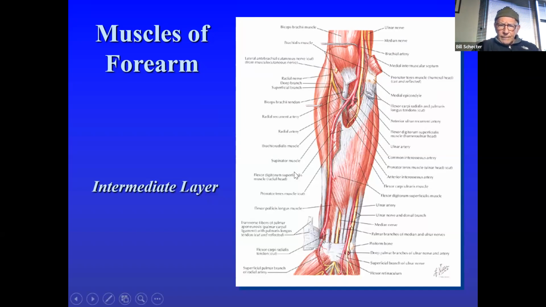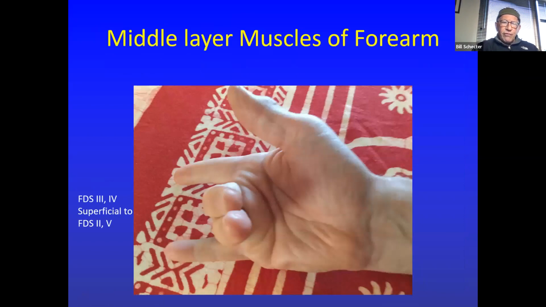So here is our muscle wad for the flexor sublimis tendons. And here's how you figure out which is which approximately.